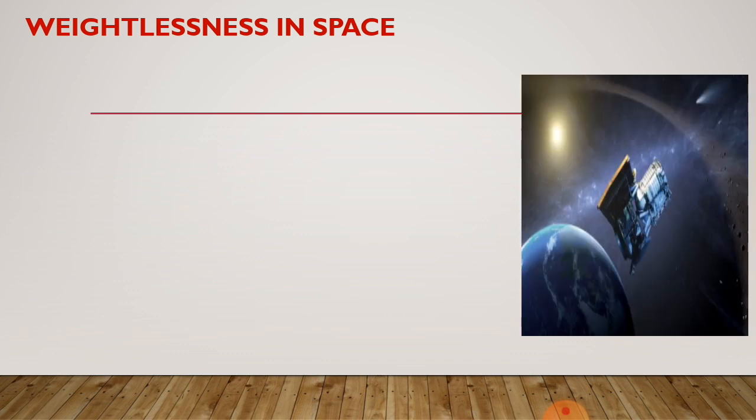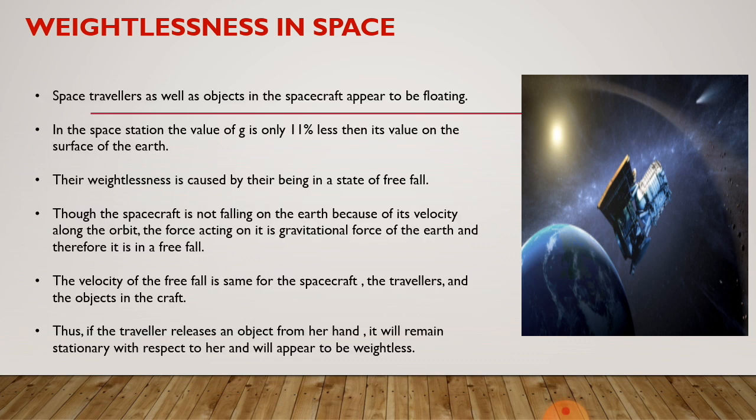Weightlessness in space. You must have seen this term, that in space we observe weightlessness. The space travelers as well as objects in the spacecraft appear to be floating. A spacecraft is a vehicle that is used to travel in space. Why do the objects float?